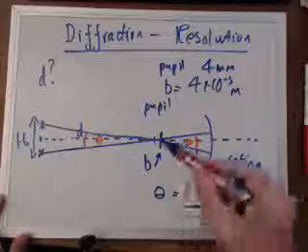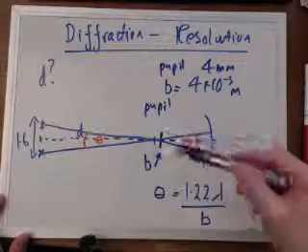First of all, we find that the angle there, theta, is the same as the angle there, theta. So by geometry we can extrapolate it back.